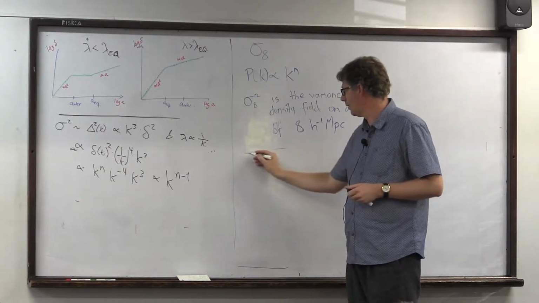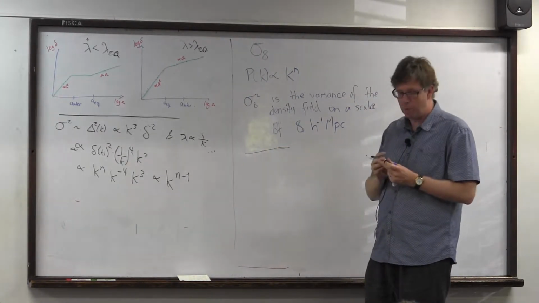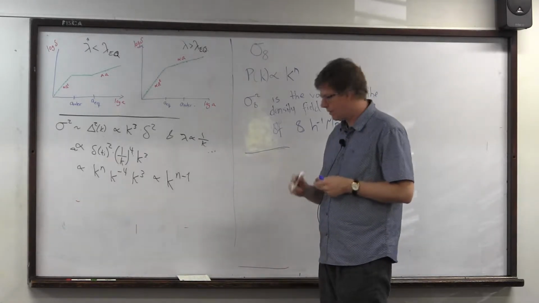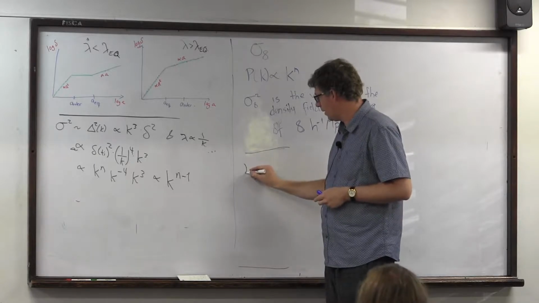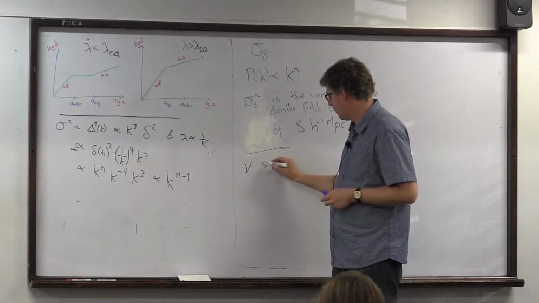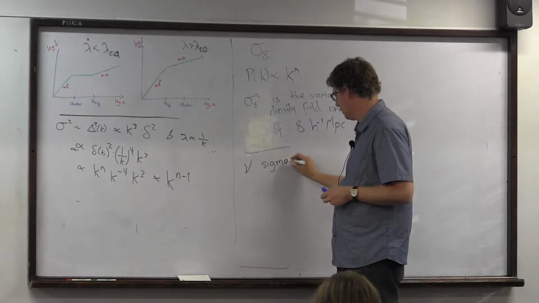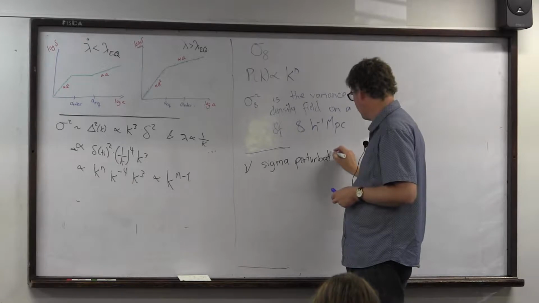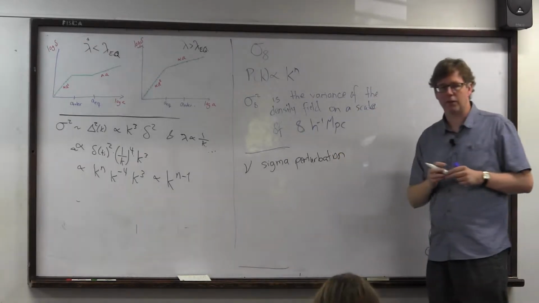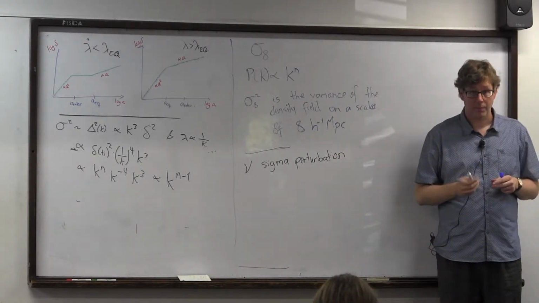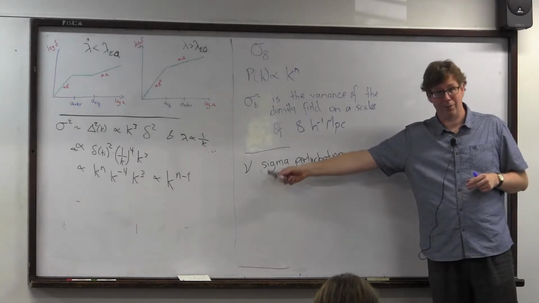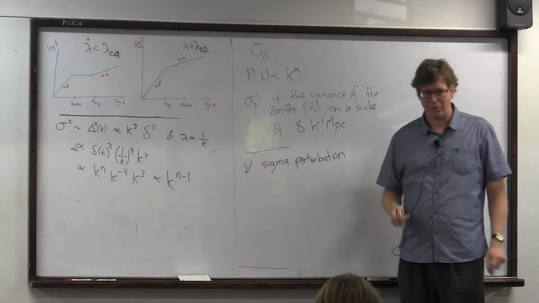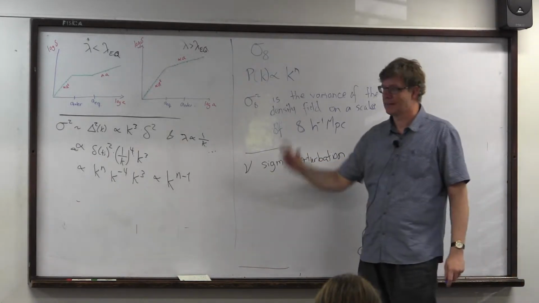The other thing is I talk about a 1 sigma perturbation. So let me generalize this and talk about the nu sigma perturbation. That is when the overdensity, delta, is nu, or n, or whatever value you use, but nu tends to be the letter used in literature, nu times sigma.